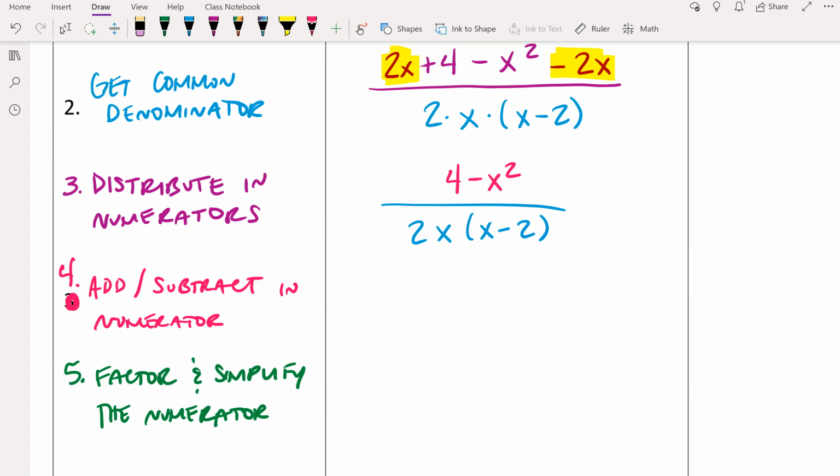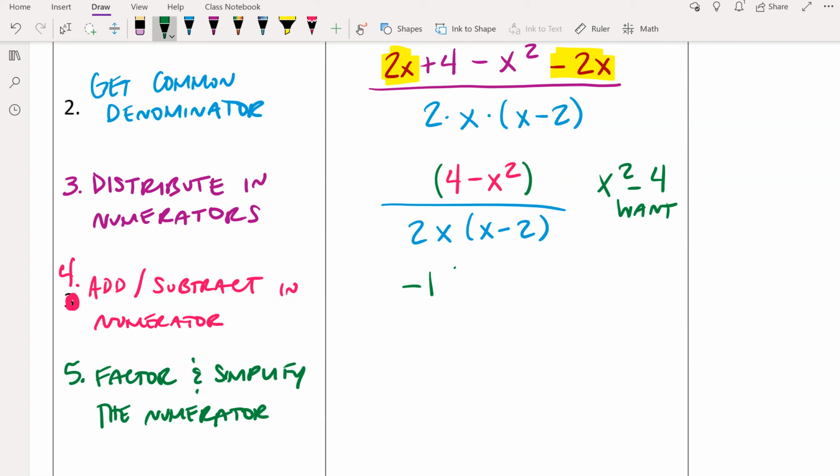But normally, difference of squares would be x squared minus 4. True? Okay, that's what we want. Well, let me show you this really cool trick. What you can do is factor out a negative 1. So we're going to factor out a GCF right here of negative 1. I'm going to put negative 1 in front.